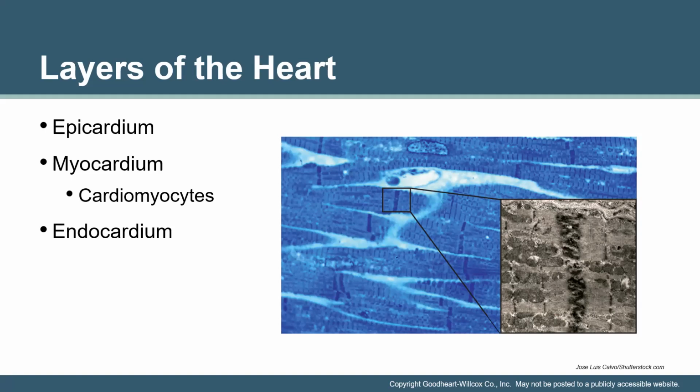So you see what's happening there. The outermost layer of the heart is also at the same time the visceral layer of the pericardium. So it is the serous membrane lining the heart or touching the heart.